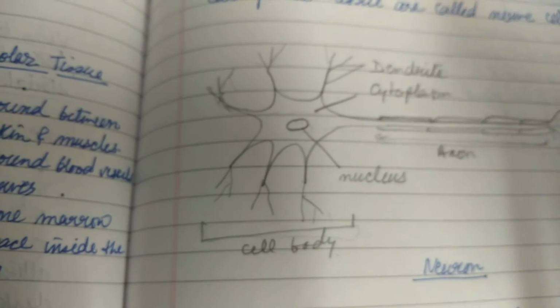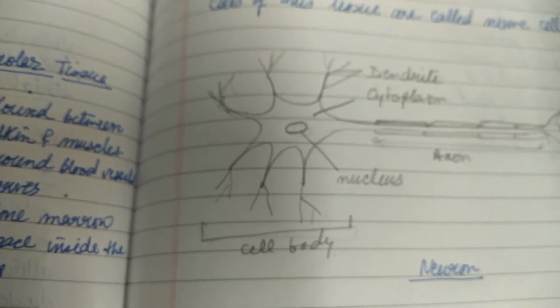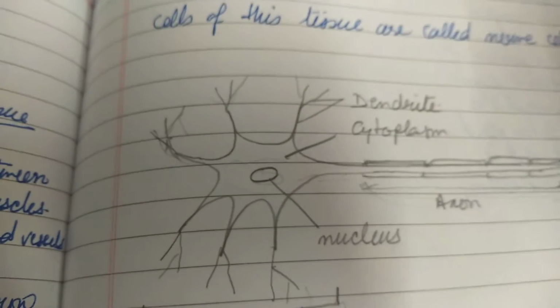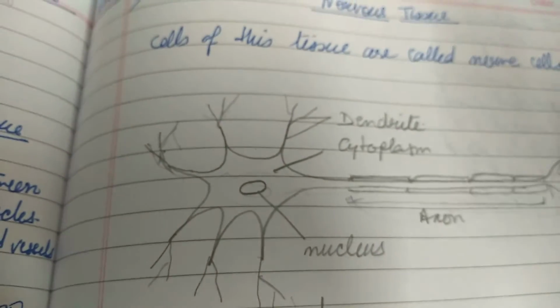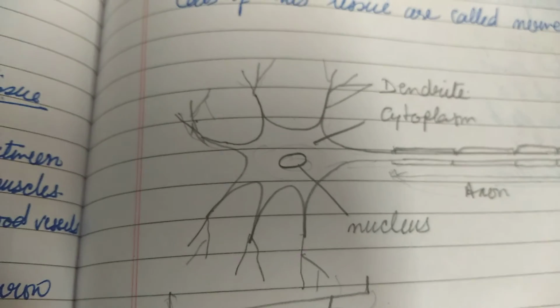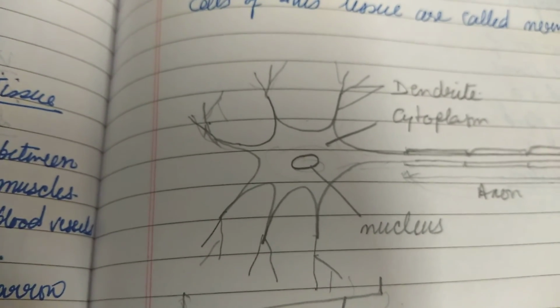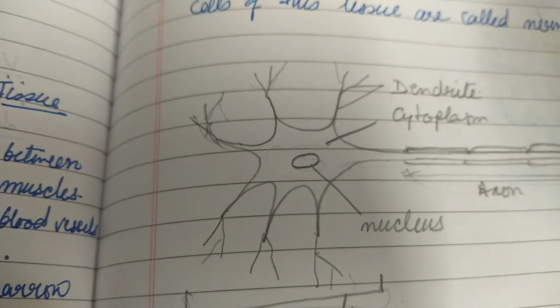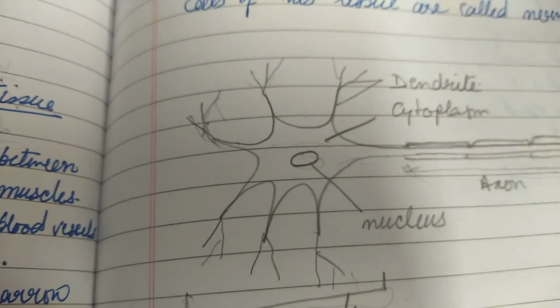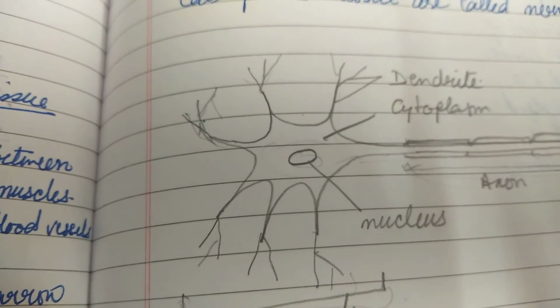Every cell of the body is able to receive a stimulus, but neurons are highly specialized. So even the smallest stimulus they can recognize. They are highly specialized for being stimulated, and they transmit this stimulus to another part of the body.